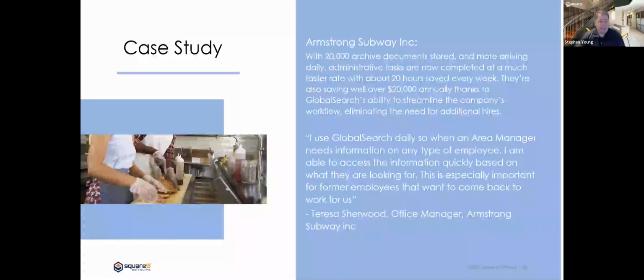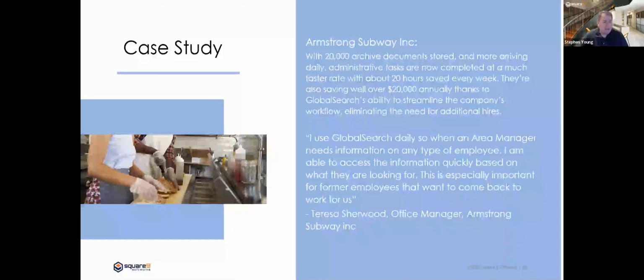One of the things I didn't mention on this slide is they were also finding themselves in a position where they may have to pay fines to the government for failure to collect W-9s. It's very difficult when you're in any type of retail industry, whether it's franchises like this, whether it's retail locations like a 7-Eleven, when you have high turnover and employees that come back frequently, you really need to have a better way for managing this process in a distributed environment.